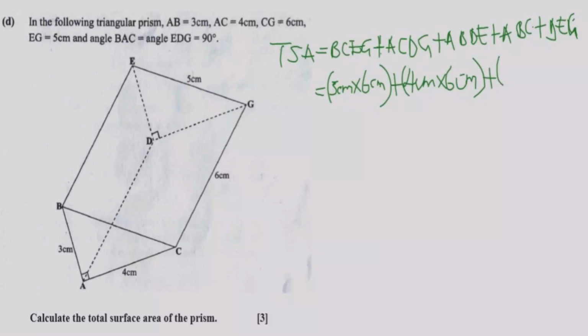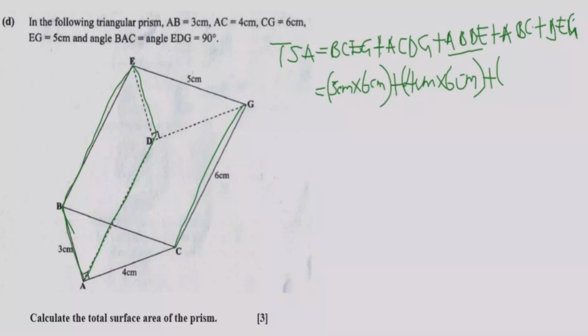Then we say open bracket, then we come to this part which is ABD. So the area ABD is this one here. This is ABD. So what are the dimensions? We know that if CG is equal to 6 centimeter, that means AD is also 6 centimeter.